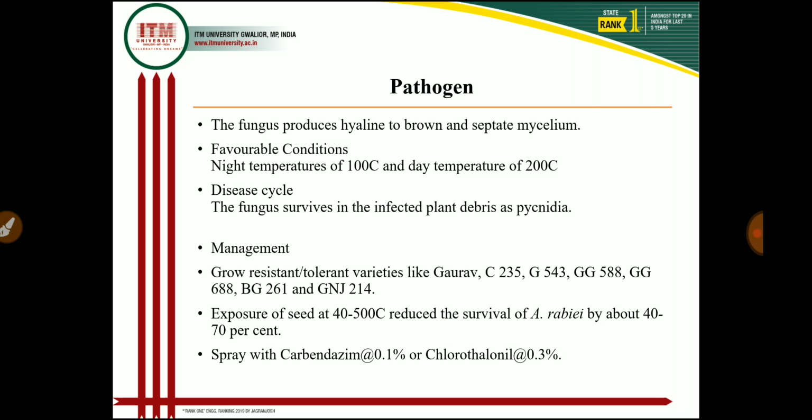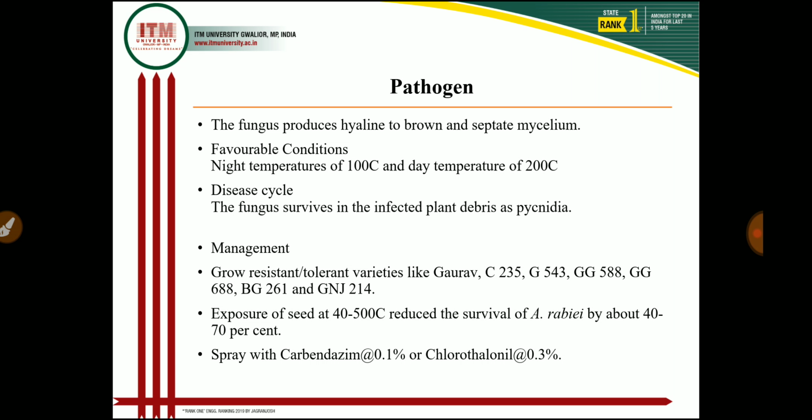In cultural management practices, if we remove and destroy the infected plant debris in the field, follow crop rotation with cereals, do deep sowing of the seed, that means below 25 centimeters, and intercrop with wheat, barley, and mustard, by these cultural operations we control Ascochyta blight disease.